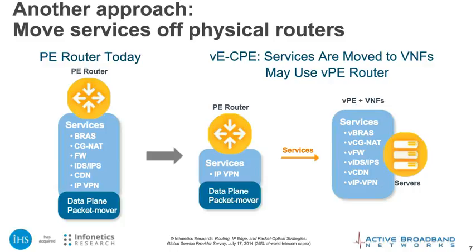In some cases the PE router itself can be a virtual PE router running on a server. So we have these essentially overlapping trends: service providers are planning to move many kinds of functions onto servers, and specifically for the edge router, moving services off.